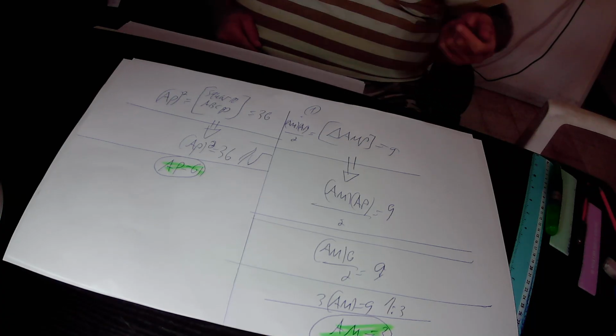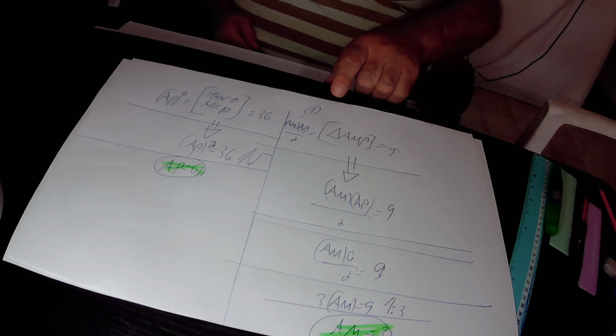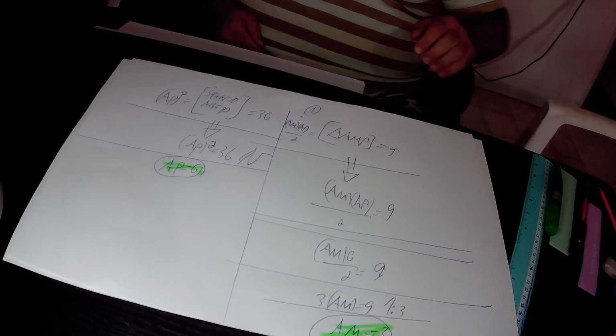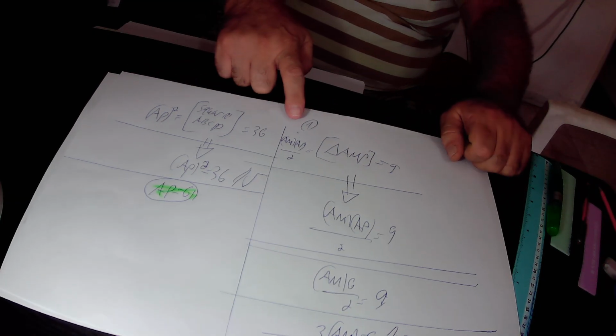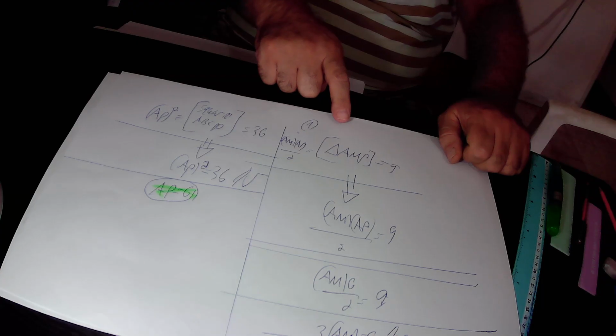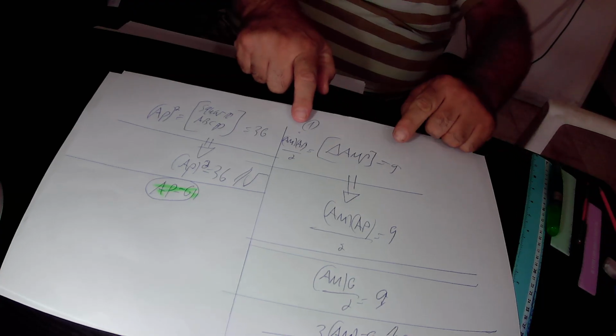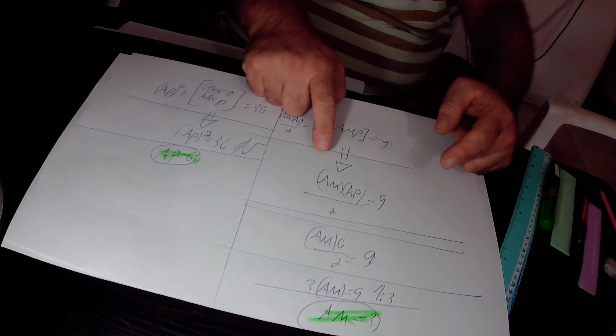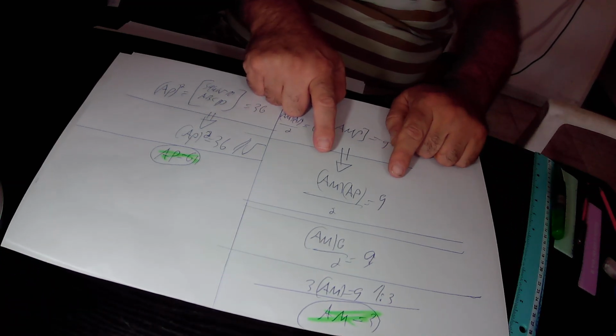But from the other side, the area of the right triangle AMP is equal to the base AM times the height AP over 2. From this equation, AM times AP over 2 equals the area of the right triangle AMP, which equals 9. We derive that AM times AP over 2 equals 9.